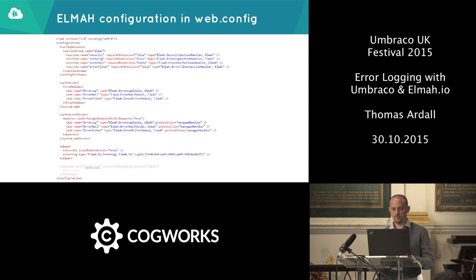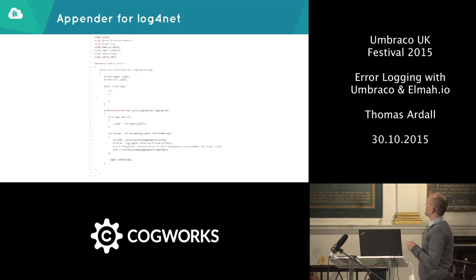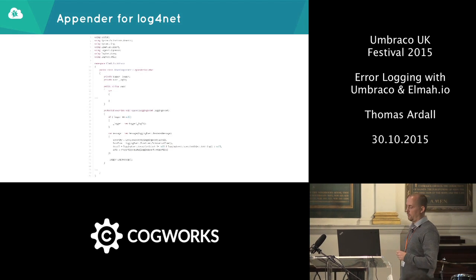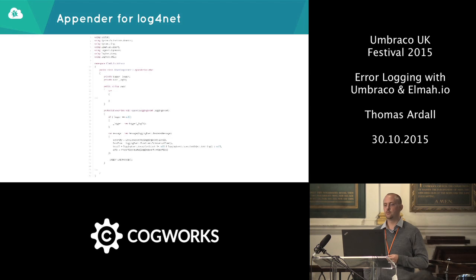So you saw the web config file here, and you probably can't see this, but this is an example of an appender, the appender that we wrote for log4net. It's actually pretty easy to implement an appender for log4net.